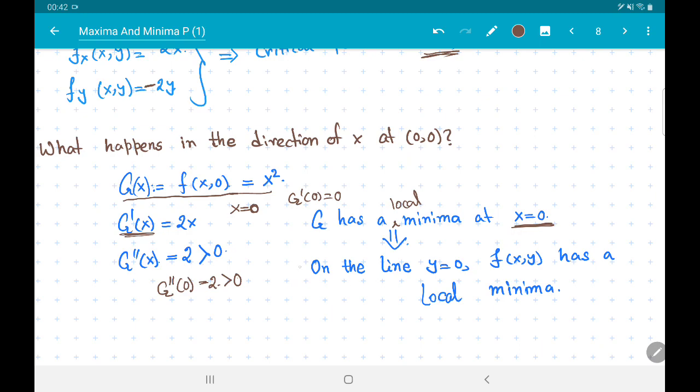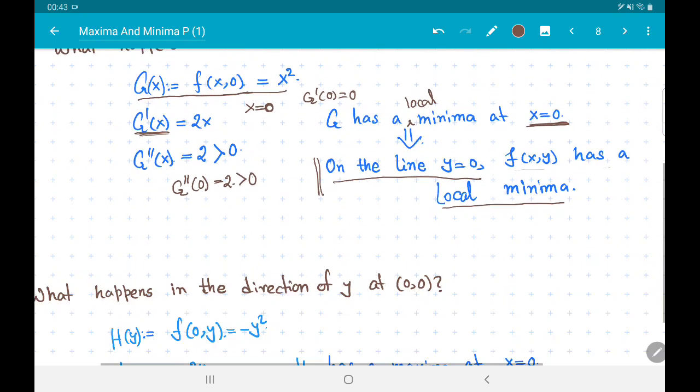So in terms of multivariable calculus, if we consider the line y equal to 0, which is the x-axis, then f(x, y) has a local minima on that line. We do not know what happens outside the x-axis, but on the x-axis it has a local minima.